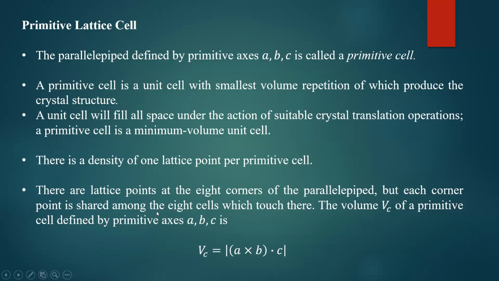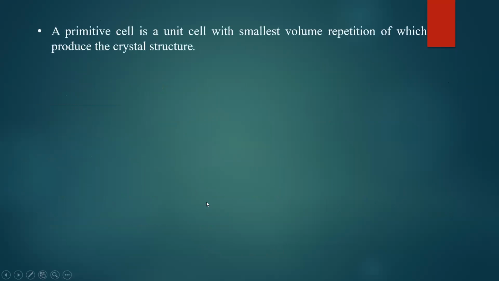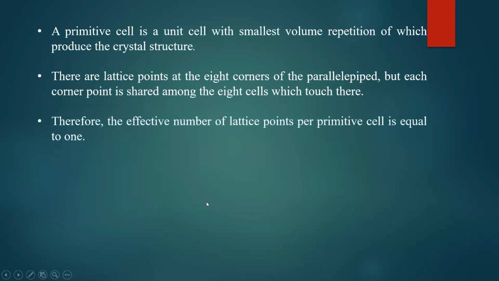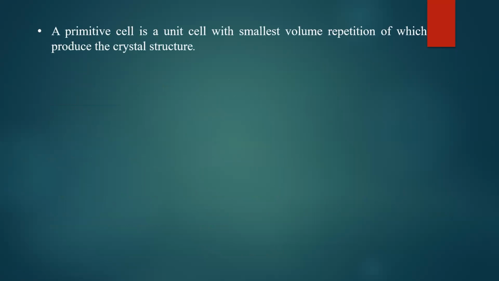I will show you in a diagram: if the primitive cell contains 8 lattice points, one at each corner, each lattice point is shared by 8 neighboring unit cells. So the effective part of the lattice point available for the given primitive cell is one eighth, because each lattice point is shared by 8 cells.